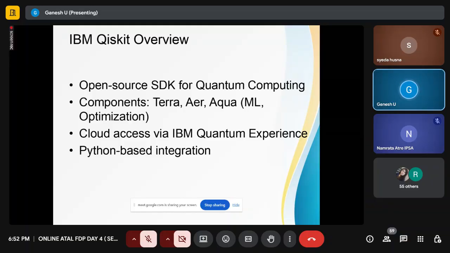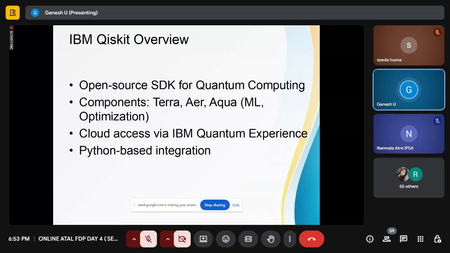Next, QSkit Aqua. Up to this, now we are going to Aqua. So Aqua is nothing but ML and optimization. Originally, it was a high-level library for quantum algorithms and applications. It was deprecated in 2021, only 4 years back. Application packages: that is the functionality migration.